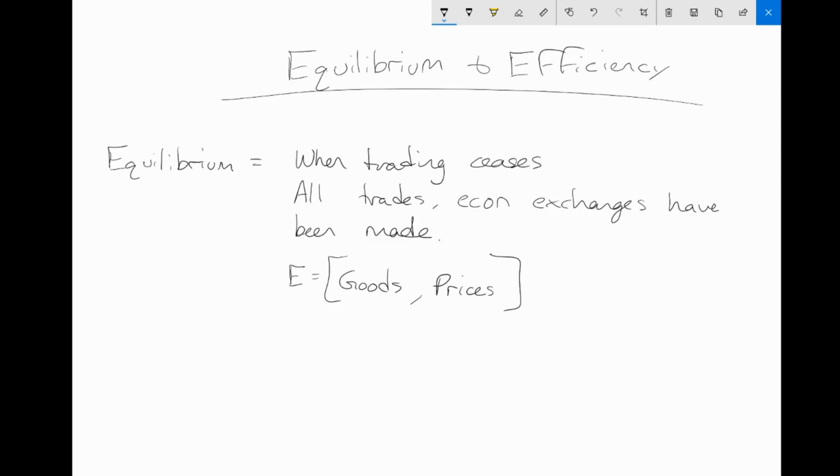So an equilibrium will be characterized by how goods and services in the economy will be distributed, and the prices at which those goods and services are sold. We will look at this more later to make this more clear. Basically, an equilibrium is when all trade ceases, all the trades in the economy have been made. Okay.